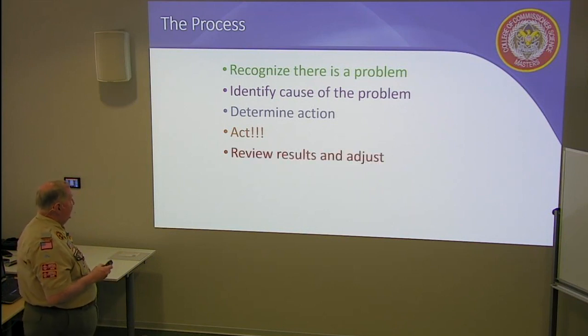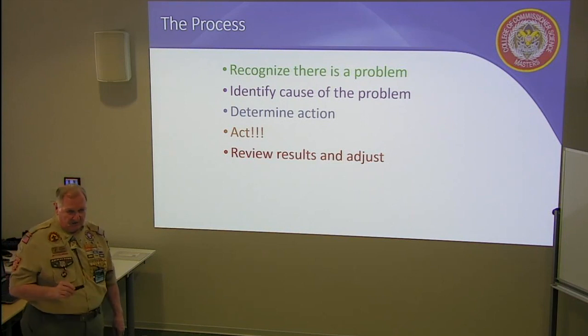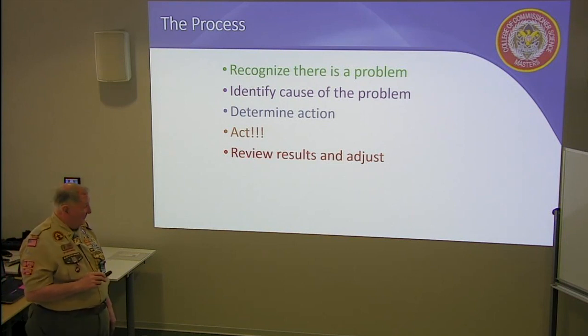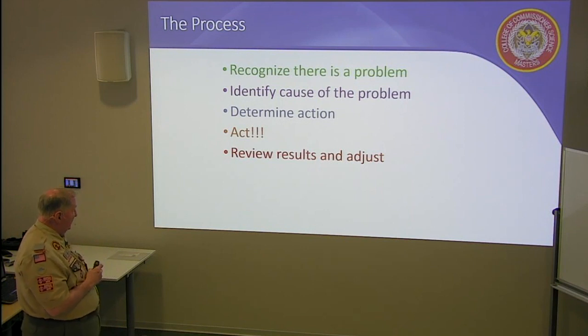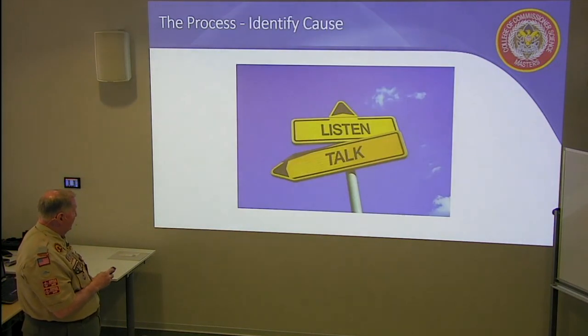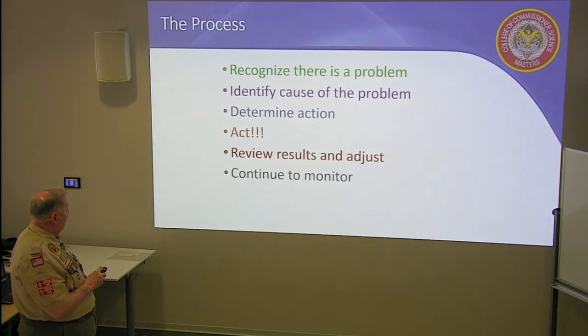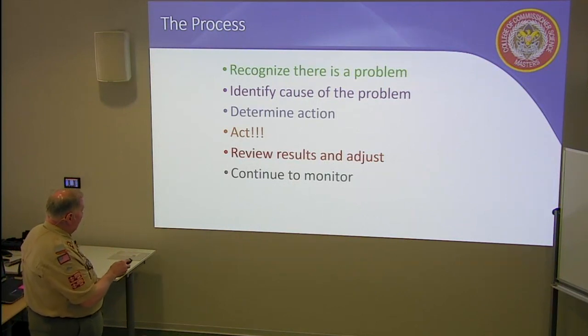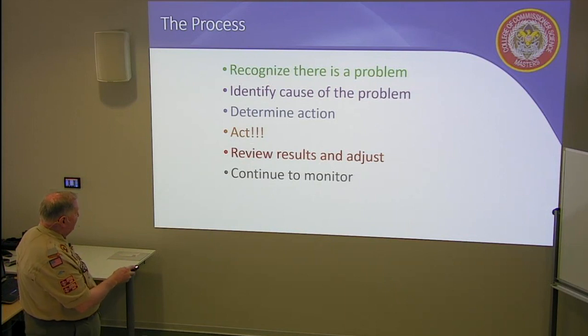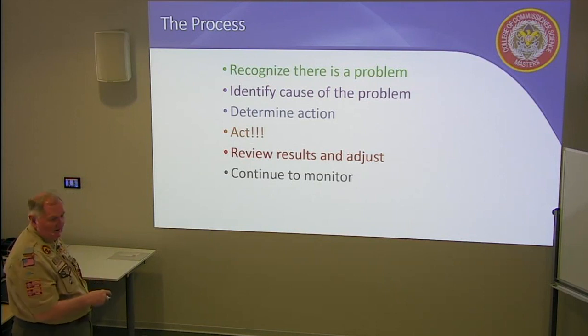And then after you've done that, you review the results and then you make your adjustments. And you make those adjustments with who? Who do you talk to about this right there? When we review the results and adjust, who do we review the results with?